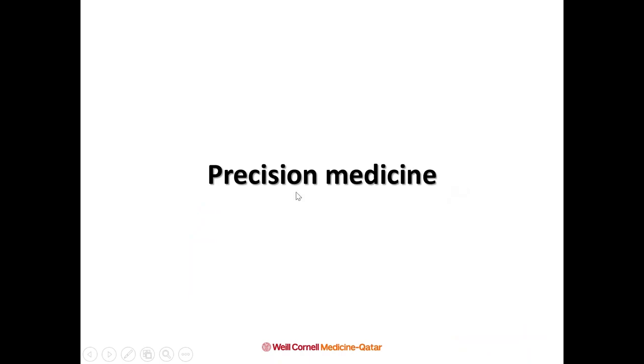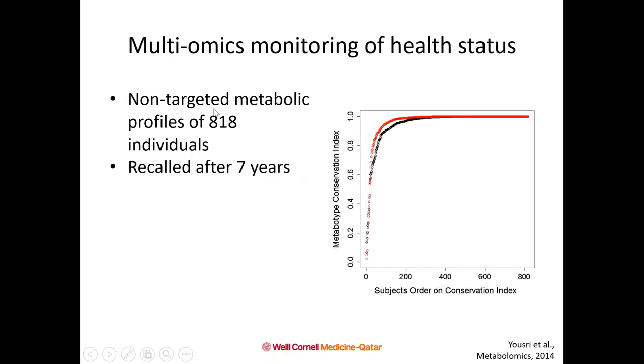Okay, and I think then I come to the final part, which is also most interesting now for the precision medicine initiative in the US, and we have similar things in Europe and in Qatar as well. So a few years back, we analyzed data from the CORE study, where we had data from more than 800 people who were taken at 2 time points 7 years apart.